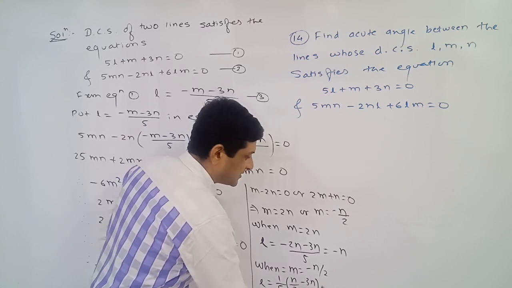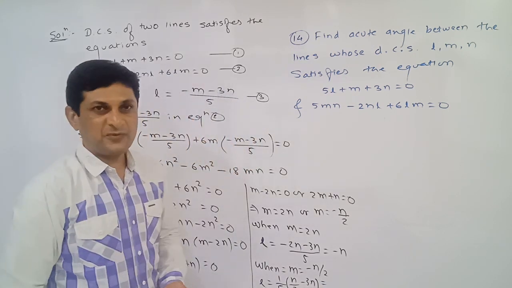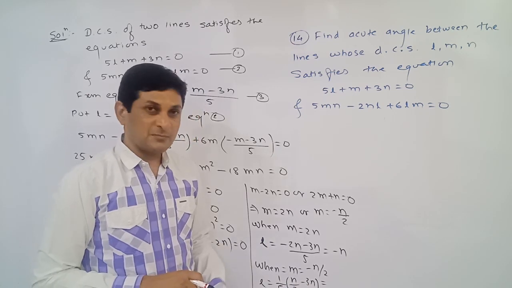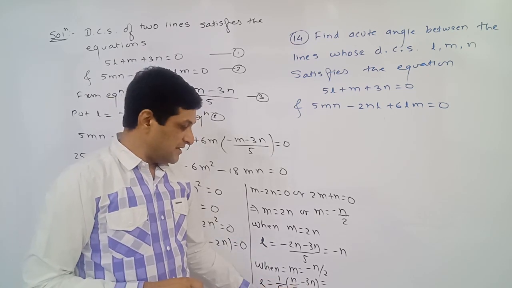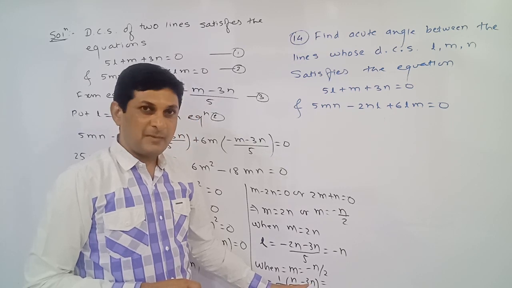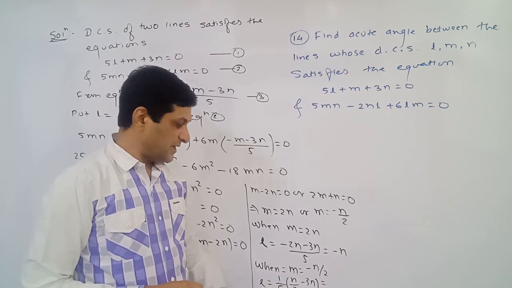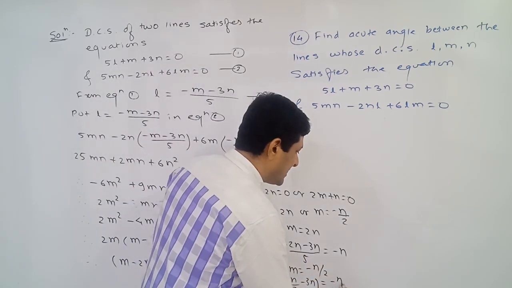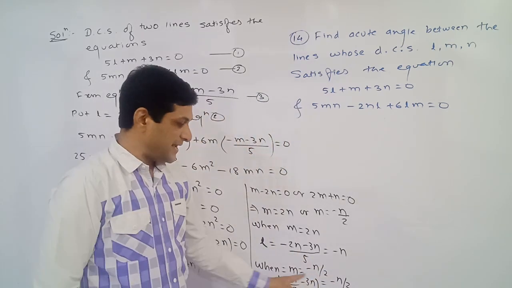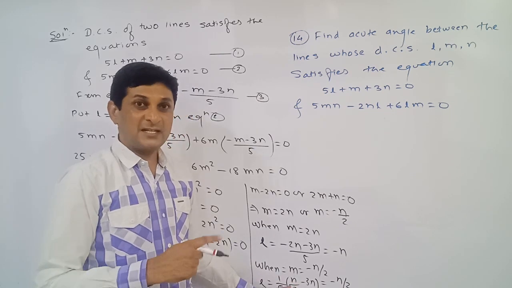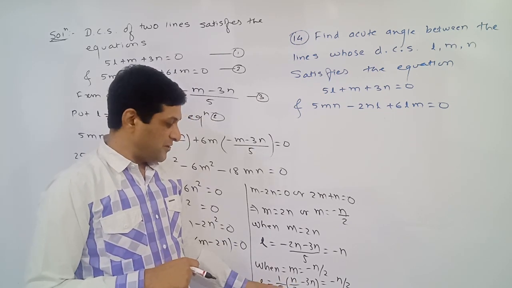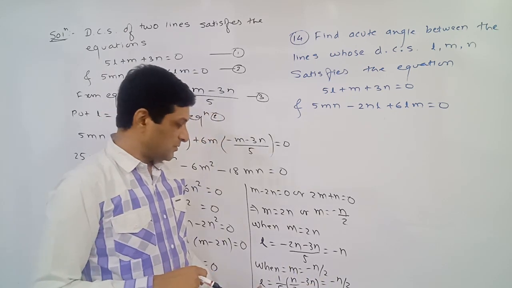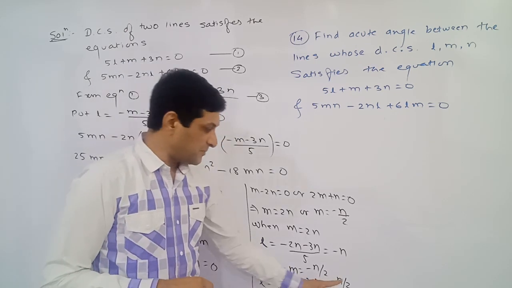Let us simplify it by cross multiplication. 2 into minus 3 is minus 6n, and n minus 6n will be minus 5n. Minus 5n upon 2, and this 5 and that 5 will get cancelled, so lastly we will get minus n by 2. So this value of l in terms of n is known to us.